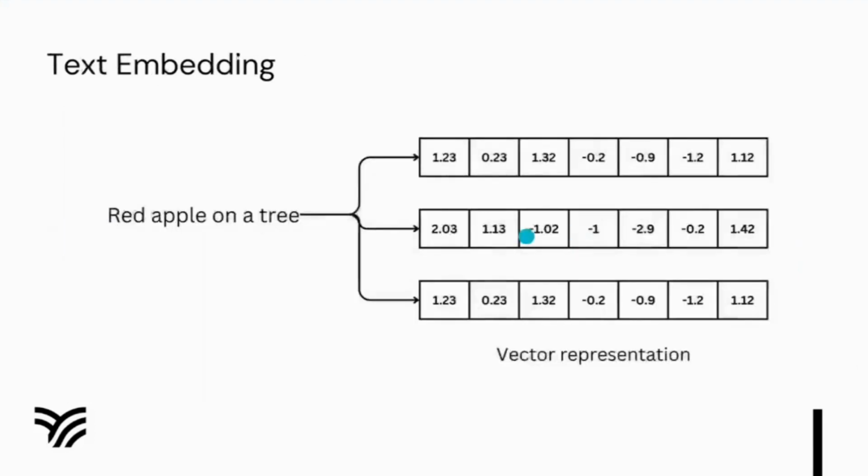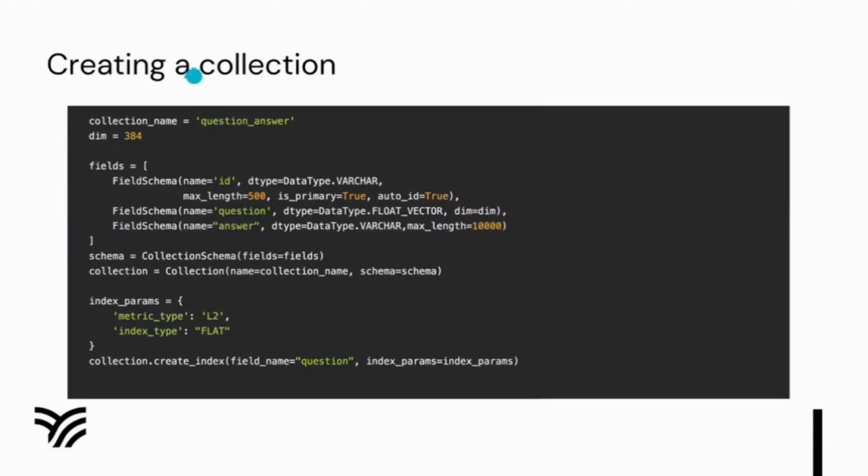So let's jump into the code and see how we can store the vector data into the vector database. For this workshop, I am going to use the Milvus vector database. Milvus is an open source, highly available, and low latency vector database.